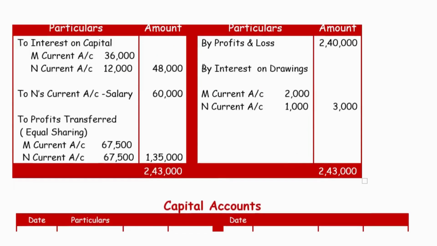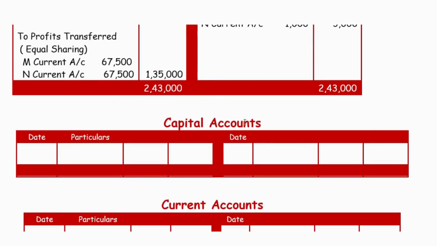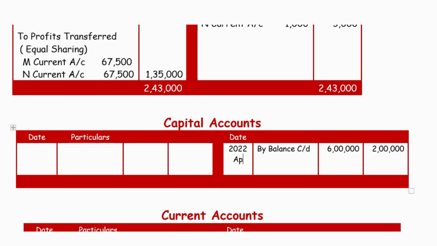And now under the fixed capital method, we will be preparing two accounts. One is the capital account. First is balance carried down. We are given the balance carried down, to the extent of 6 lakhs and 2 lakhs for the partners, and only this entry will be available. Here there is no introduction of additional capital, nothing.